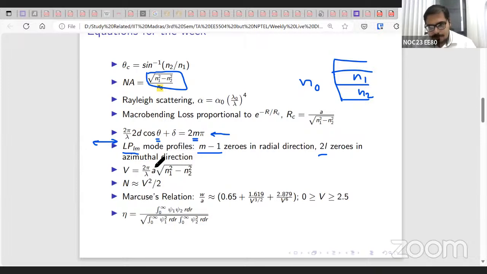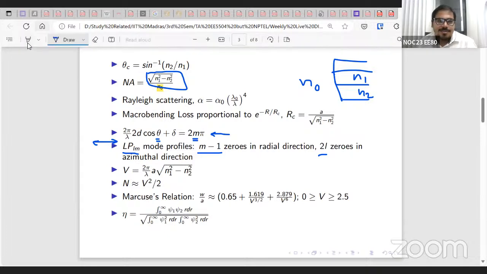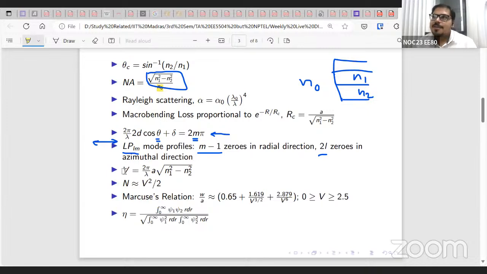Then the V number, which you first see as this parameter that is independent of beta while solving these Maxwell's equations. You must have seen it if you have done an introductory course on photonics.